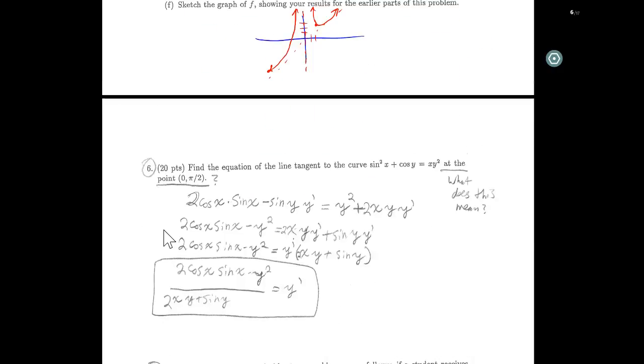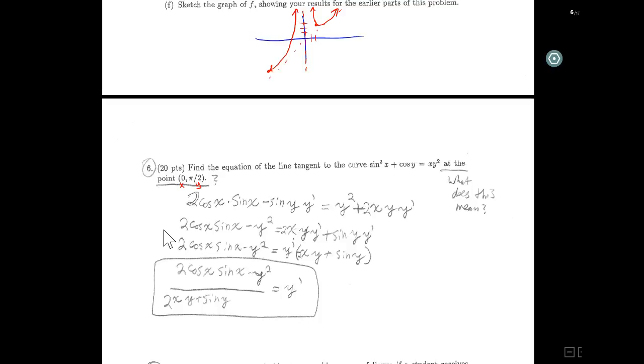Okay, number 6. Find the equation of the line tangent to the curve sine squared x plus cosine y equals x y squared at the point (0, pi over 2). Okay, so what does that mean? Well, we want to find our derivative, and then we want to actually plug in 0 for x and pi over 2 for y. So let me see what we have here.